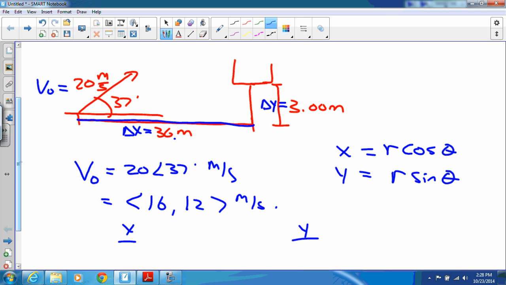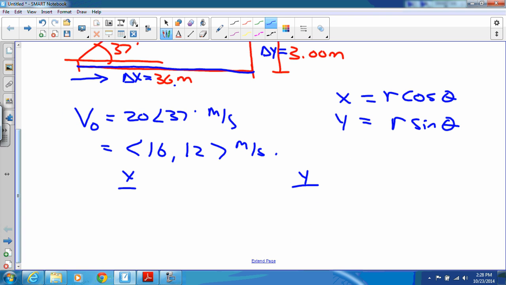In the x direction, I notice that I have the quantity delta x, so it makes sense for me to use the equation delta x equals v0t plus 1/2 at squared. I have an initial velocity. I also have the acceleration. What is the acceleration in the x direction? 0, right. Please, nobody tell me that the acceleration in the x direction is g.